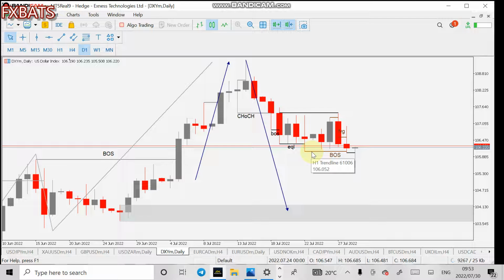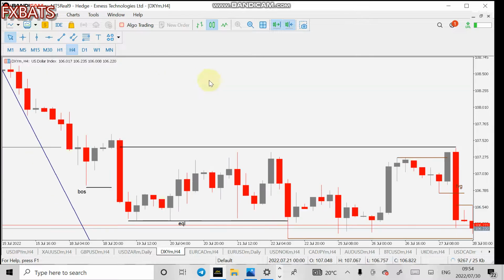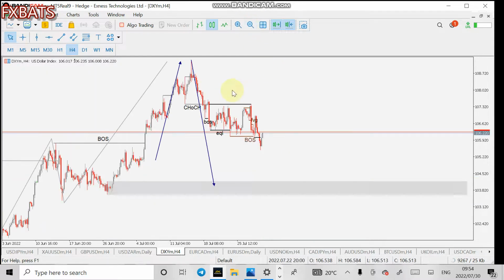Basically, I just want to go through it on 4 hour on the same pair, DXY, the way I trade. I emphasize to most of my students that I analyze by following a few things concerning the price phases.